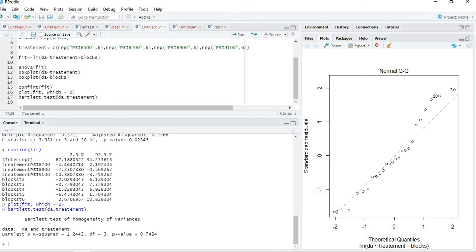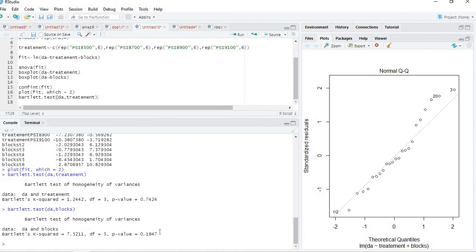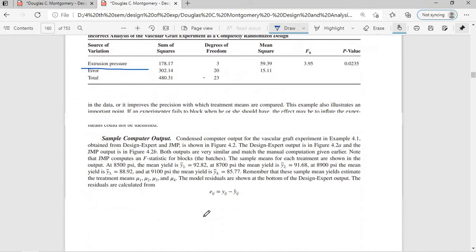Here you can observe the p value is high for treatment, but for blocks it is going to reject, 0.18.